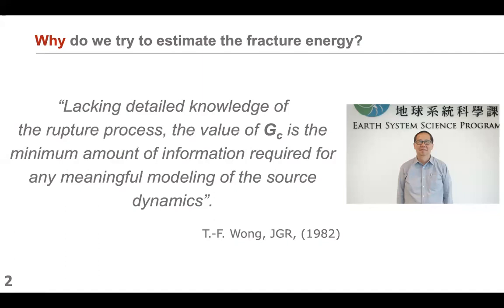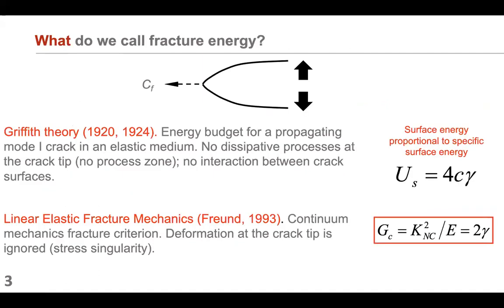So the first question I want to address is, what do we call fracture energy in seismology, in fracture mechanics, or in the field? From what I know, the fracture energy was defined for a mode I crack and is based a bit on Griffith's theory. In such a theory, the fracture energy corresponds to the energy required to propagate a mode I crack from a quasi-static point of view.